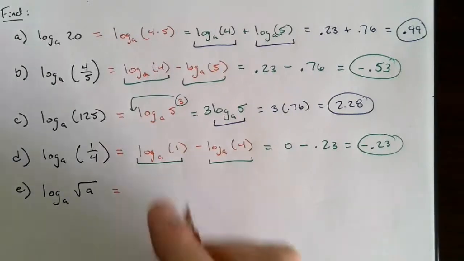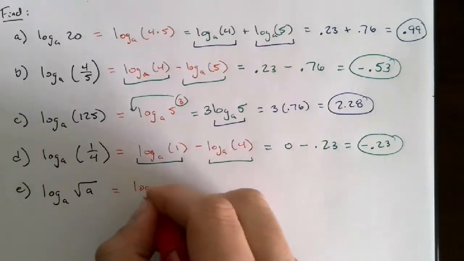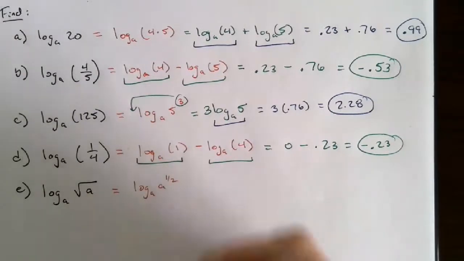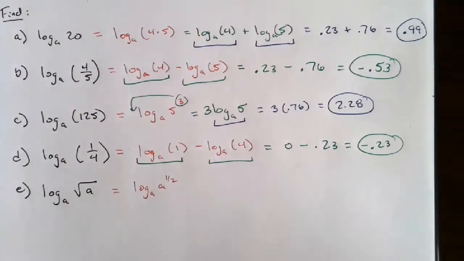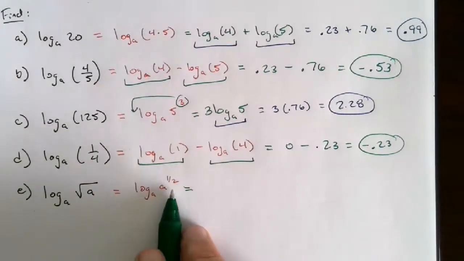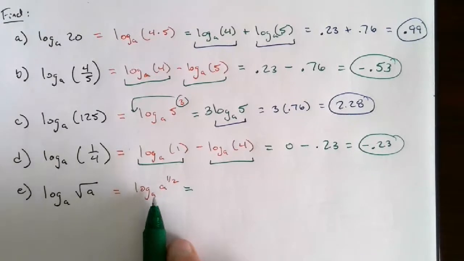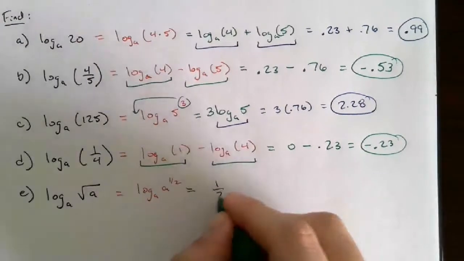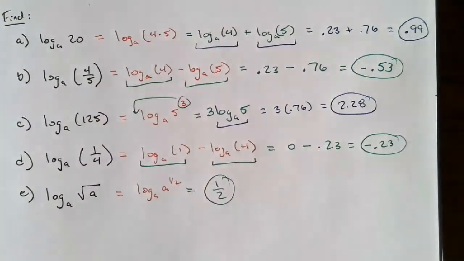We know how to write roots as exponents, so this is log base a of a to the 1/2 power. And then, a to what power gives me a to the 1/2? Well, the answer is just 1/2, and you could do that right away.